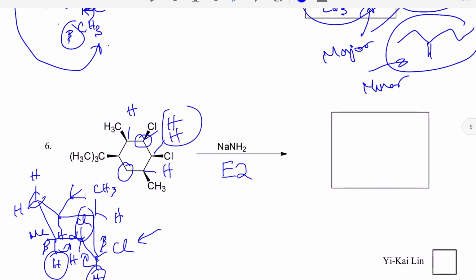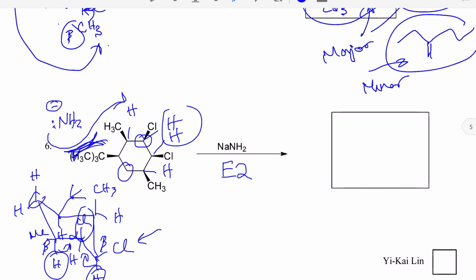So when we look at this, if we had a sodium amide here, I'm not going to include the sodium, but let's say that we had this amide, it's negatively charged, and if it tries to remove this proton, it will encounter steric repulsion with this tert-butyl group, and that is unfavorable.